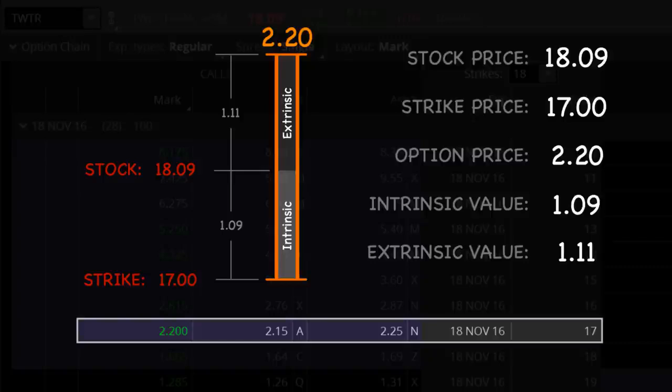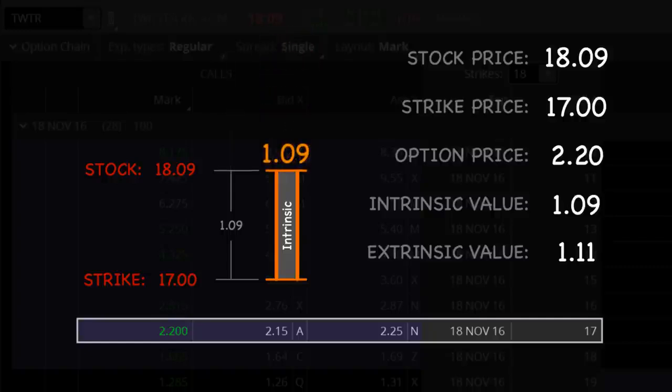So in practice, what does this actually mean for us? Well, let's say we bought this call option right now at $2.20. We know that if Twitter stock doesn't move and just trades sideways for the next 28 days, then this option is going to gradually go from $2.20 down to $1.09. And we learned in the last chapter that option prices have a multiplier of 100.